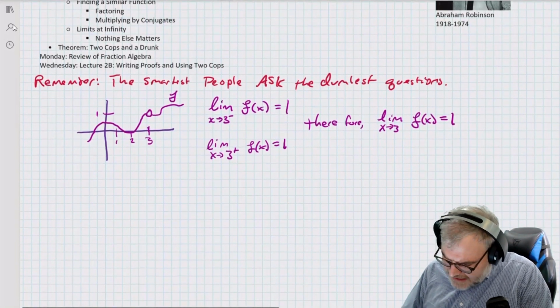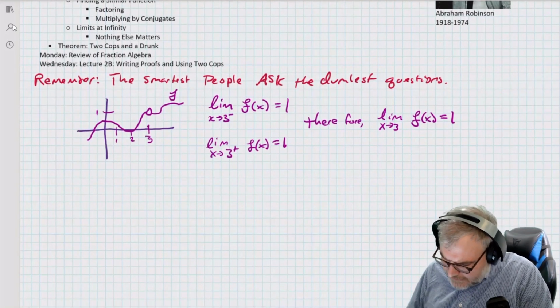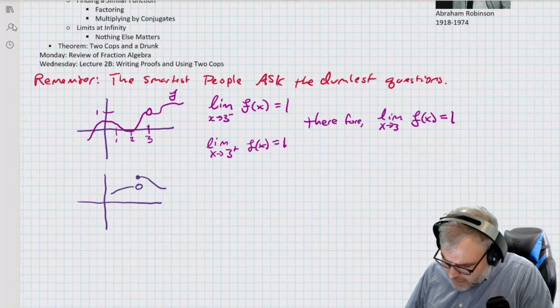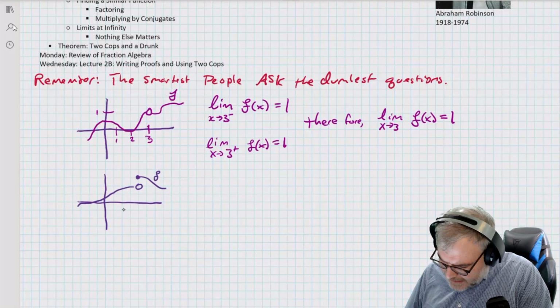Now, contrast that with this idea, where here's 1, here's 2, here's 1, here's 1.5.